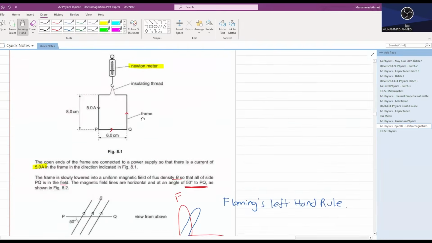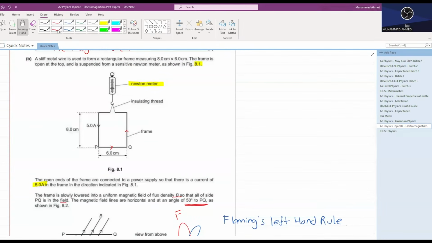How do I know that? See, initially there will be only weight acting downward, and this will be shown on the Newton meter. But now you have an upward force. This upward force will decrease the reading on the Newton meter.